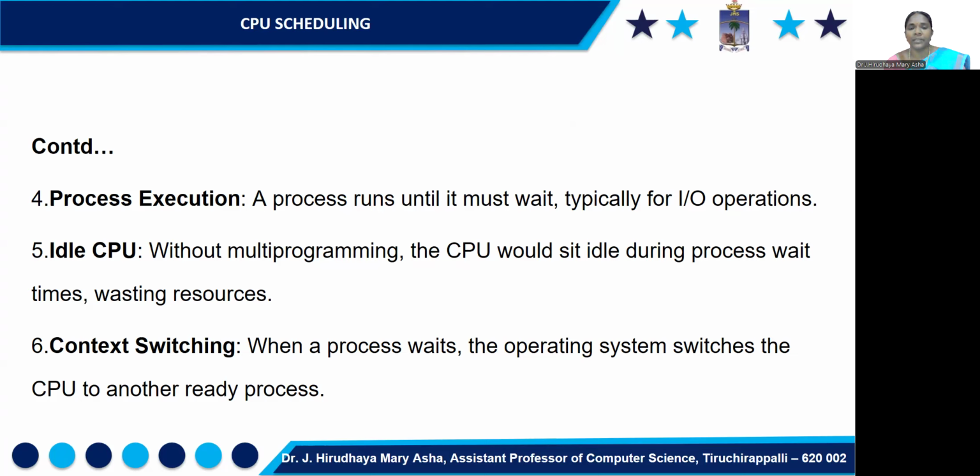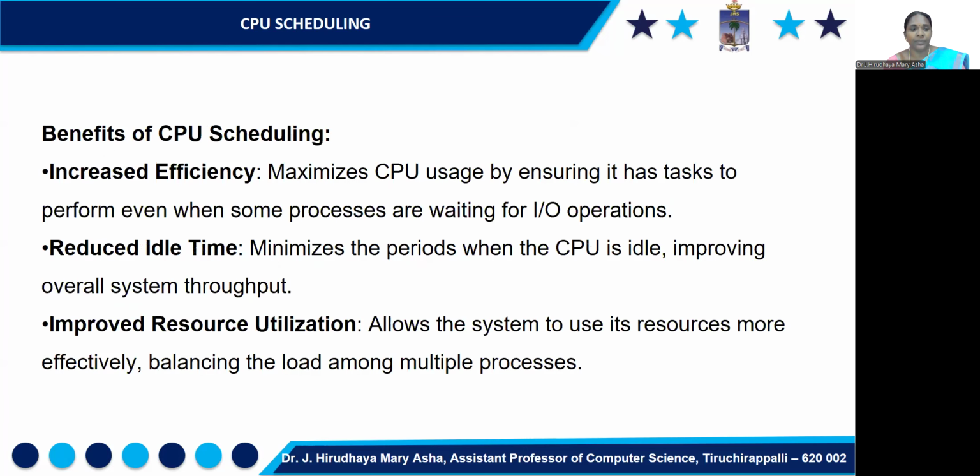If the process gets the attention of the processor, it gets executed. Otherwise, it will be in a waiting state, so the CPU switches its attention from one process to another to get them executed.